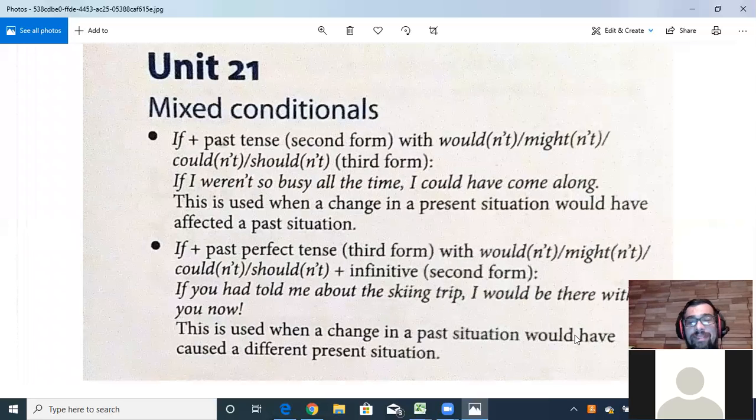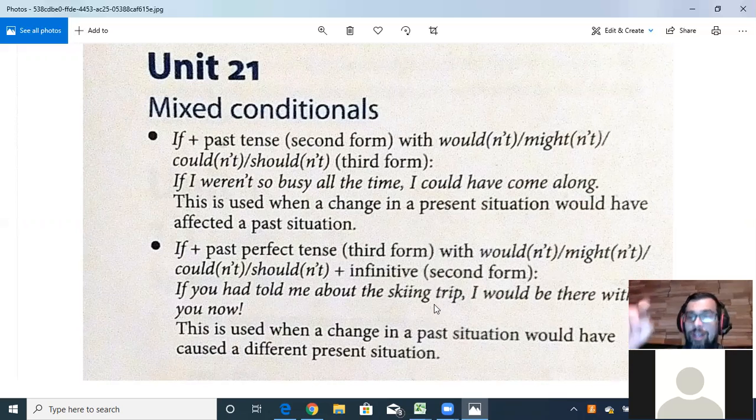A little bit. The example is: if you had told me about the skiing trip, I would be there with you now. It's something in the past that would have caused a different present situation. The real present situation is that the person is not with that person right now, but you are supposing.